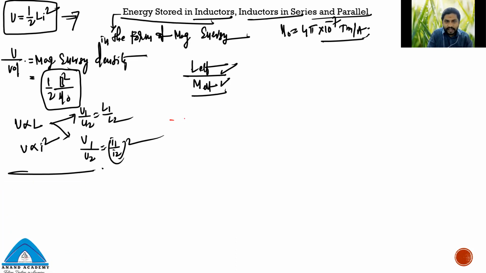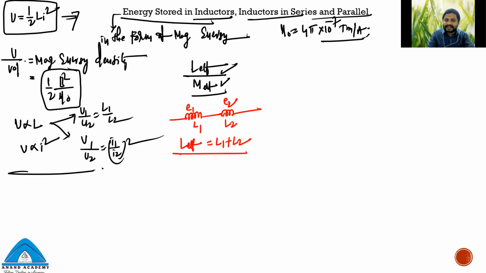These are two inductors, L1 and L2, with induced EMFs E1 and E2, connected in series. When connected in series, L effective is equal to L1 plus L2. Same like a resistor: a resistor opposes the flow of current, and an inductor opposes the growth or decay of the current. That is why it is similar to resistance.